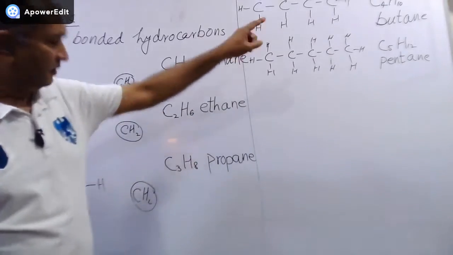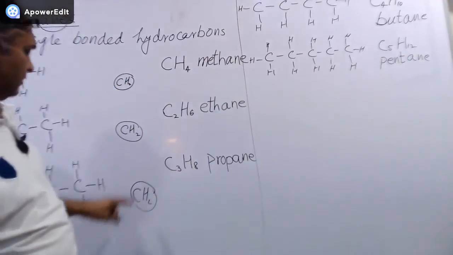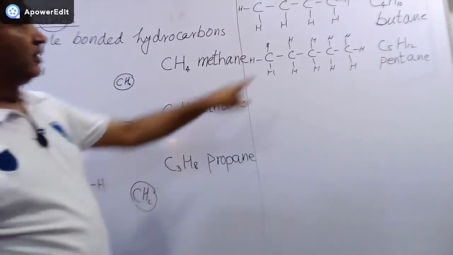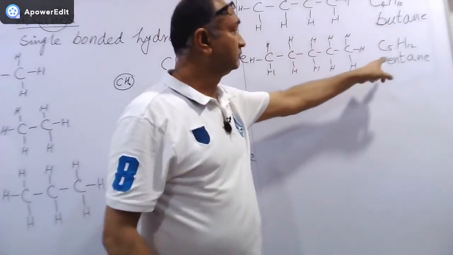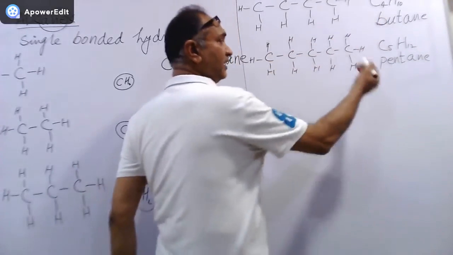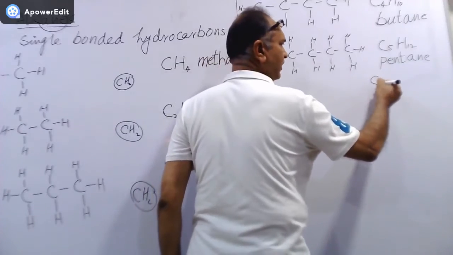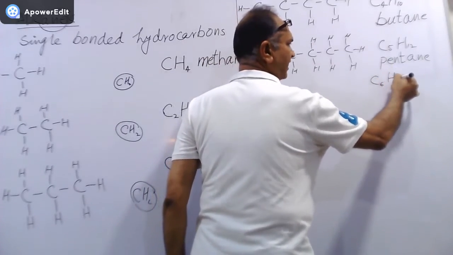C4H8, we got, C4, 8 plus 2, 10: C4H10. Again add CH2, again add CH2, so the next would be C6H14.